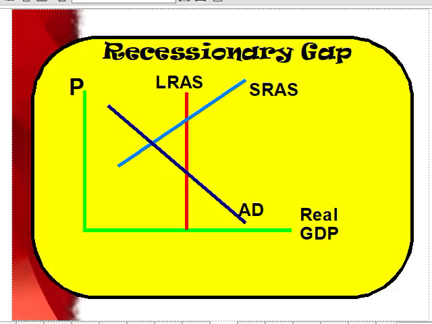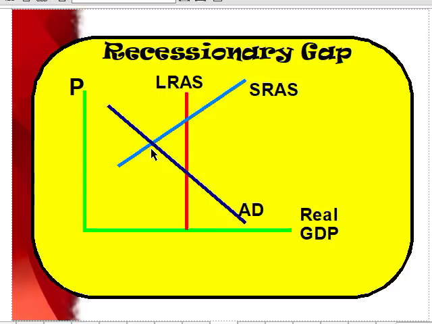Okay, so we draw a graph. The economy is always where the SRAS crosses the AD.